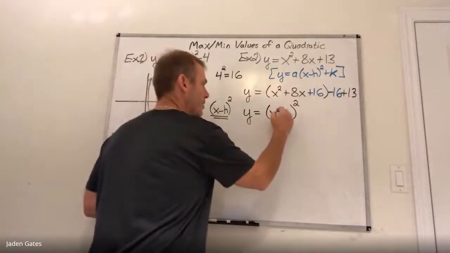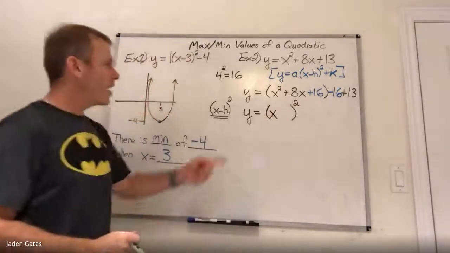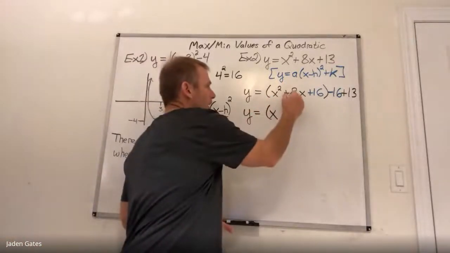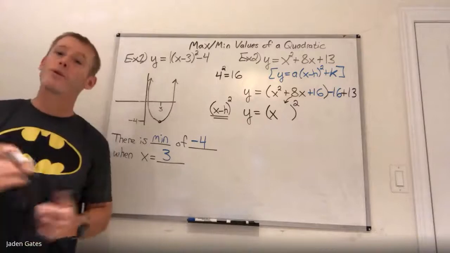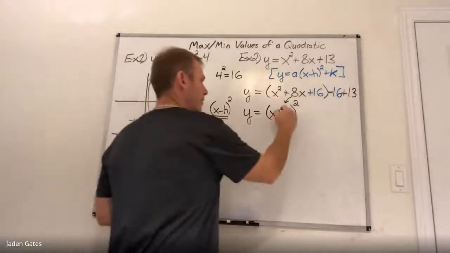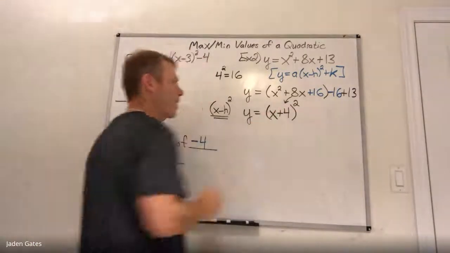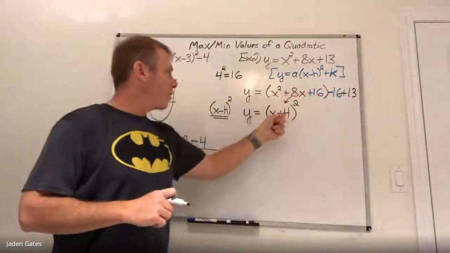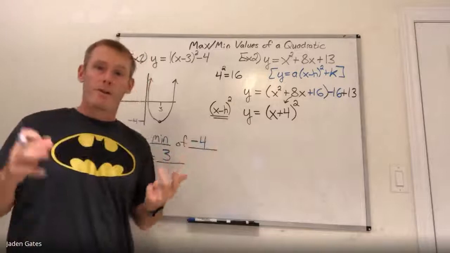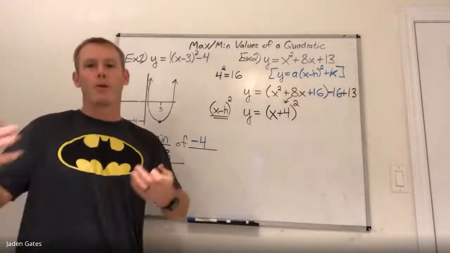I'm going to put an x here, and then I have to do half of that number in front of x. So half of 8, which is a positive 4. And there we go. So these two are what's called equivalent. They're the same, but they look different.